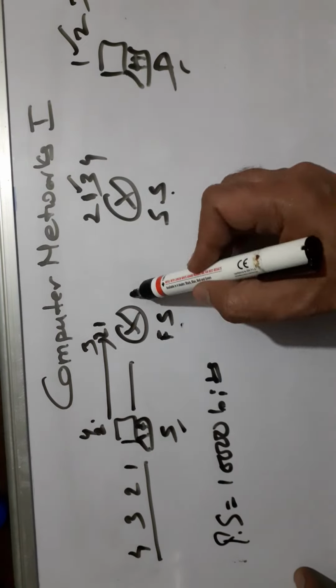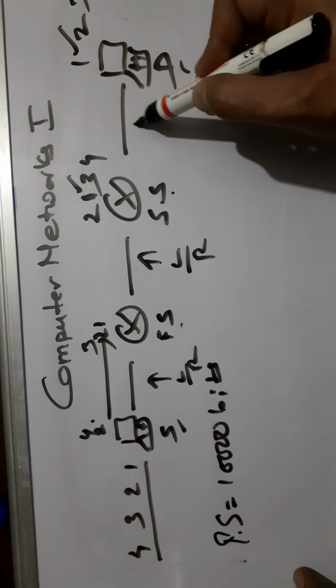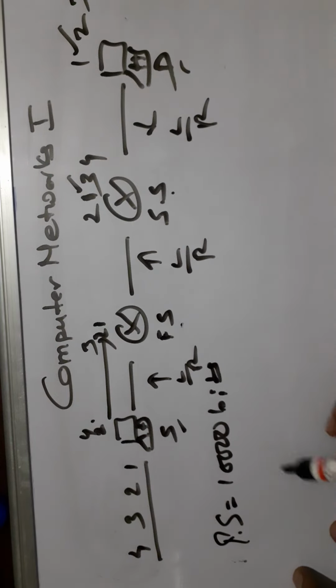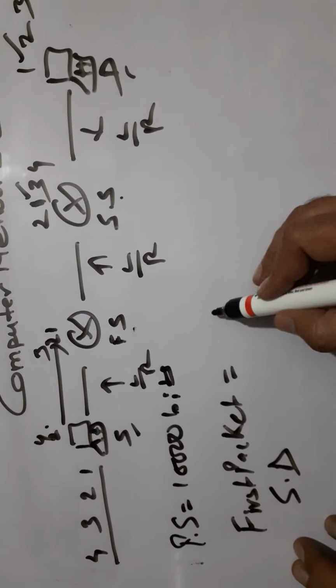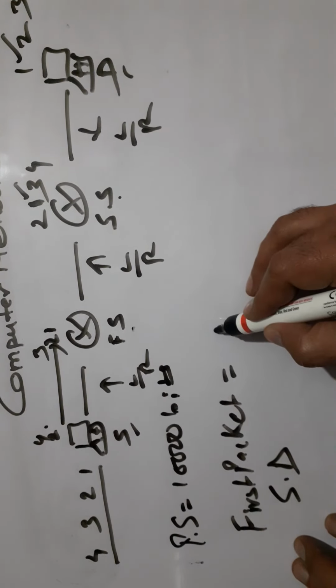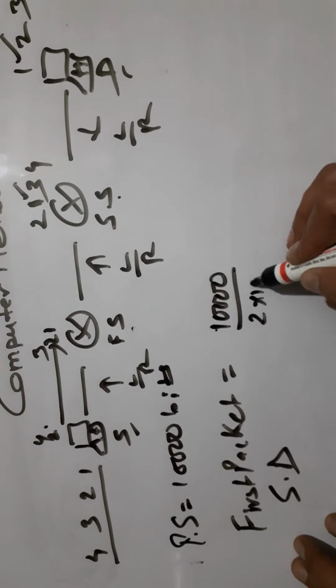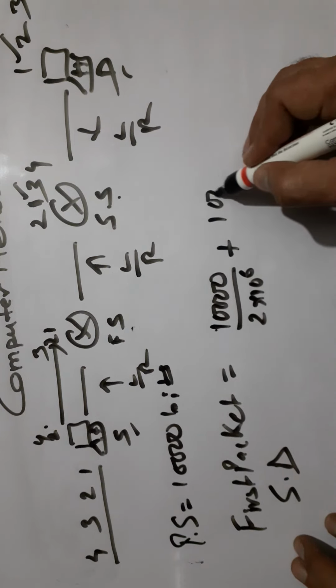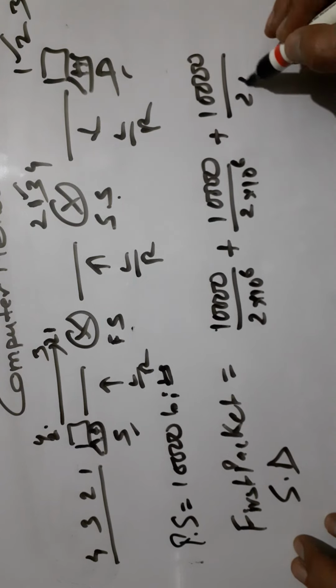It would be this L by R, this L by R, and this L by R. So for the first packet, from source to destination, it would be 10,000 divided by 2 into 10 to the power 6, plus 10,000 divided by 2 into 10 to the power 6, plus 10,000 divided by 2 into 10 to the power 6.